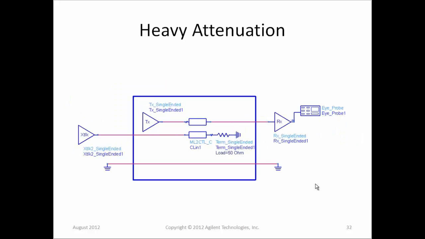The measurement friendliness comes in particularly in difficult cases where you have heavy attenuation. Let's say we have a crosstalk channel and it's weakly coupled into the victim channel. The signal that we measure from this port to this port is going to be extremely small. It may be 60 dBs down.